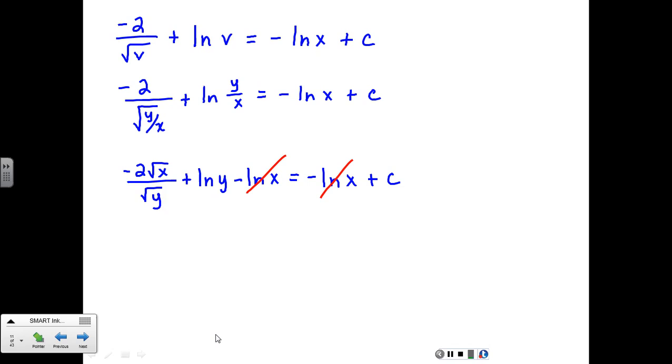Okay. This is not going to be one that we can solve explicitly, I'm almost positive. Or at least not for y. We might be able to solve it for x. So, suggestions. Okay, let's do it this way though.